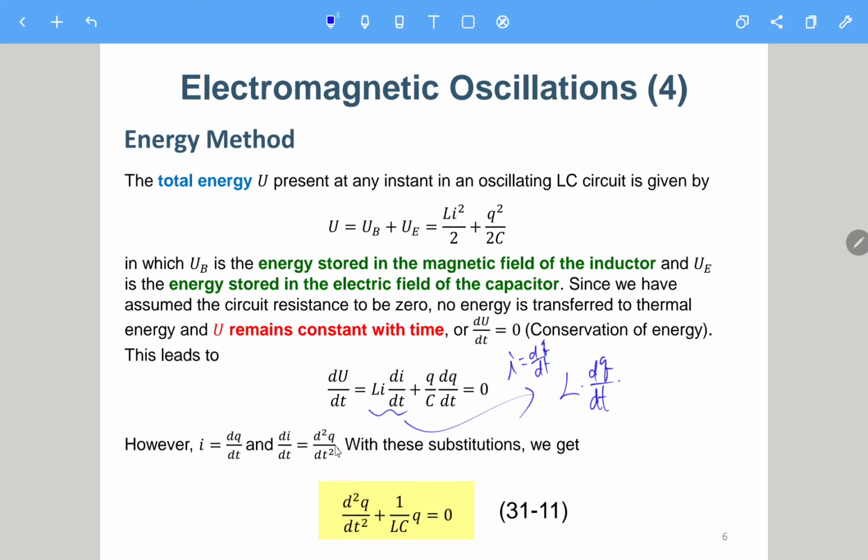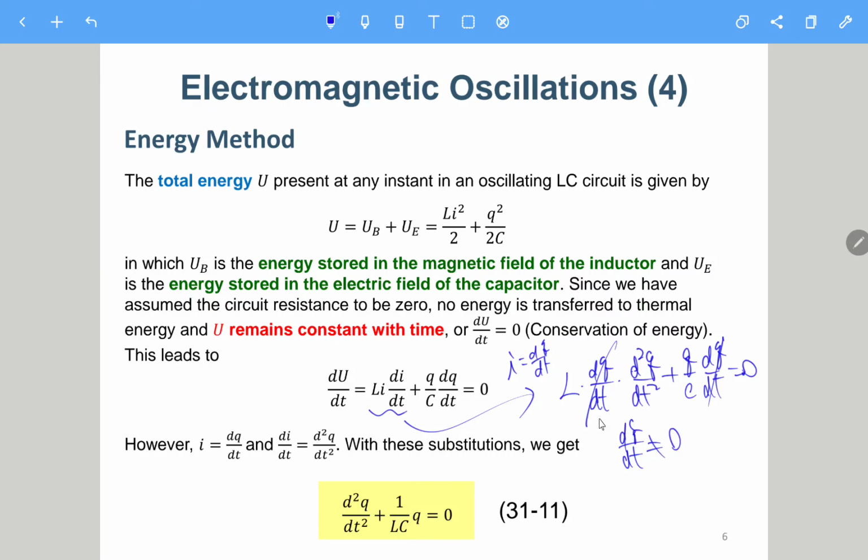So di/dt will be the second derivative of Q. So we have L times the second derivative of Q with respect to time, plus Q over C times dq/dt, equals 0. Okay, so here we just cancel dq/dt because we assume that dq/dt is not 0. If it is 0, then there is nothing. So we just cancel that term.